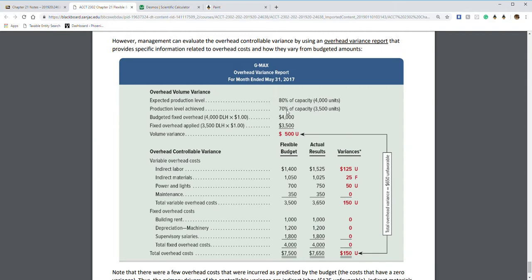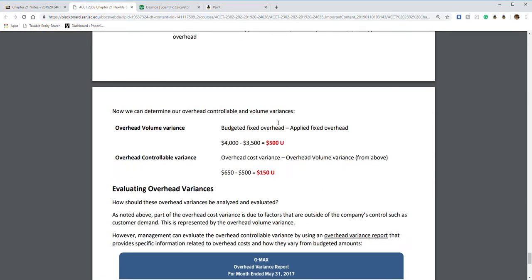We only achieved 70%, so we're going to ask why. We budgeted for 80%, so why could we only hit 70? That could be just dealing with sales or other items. Here's our budgeted fixed overhead, and here's our fixed overhead applied. Again, this comes out to our volume variance.